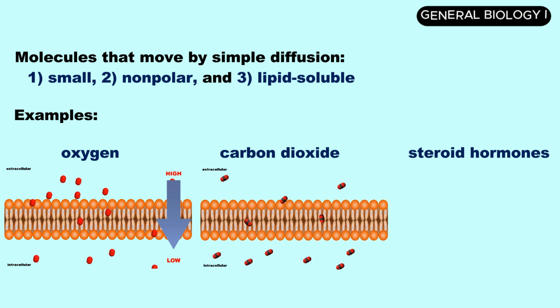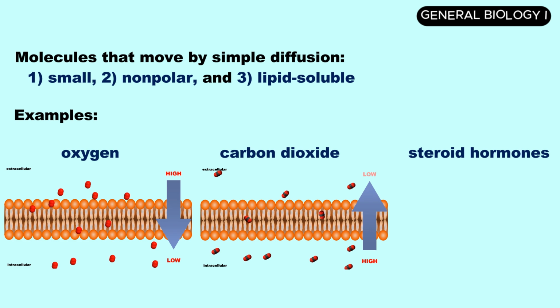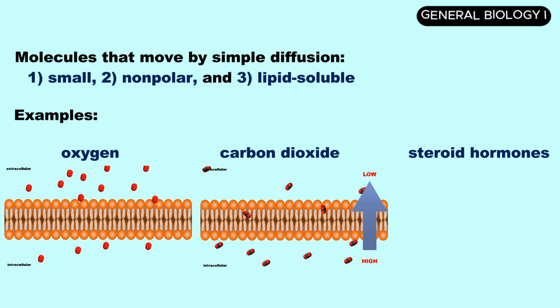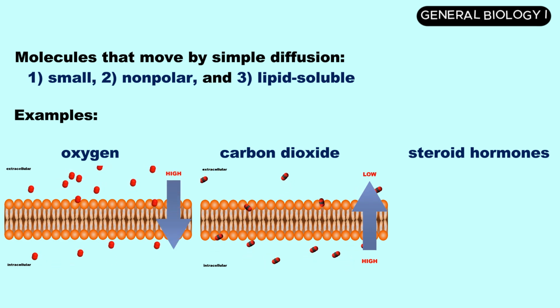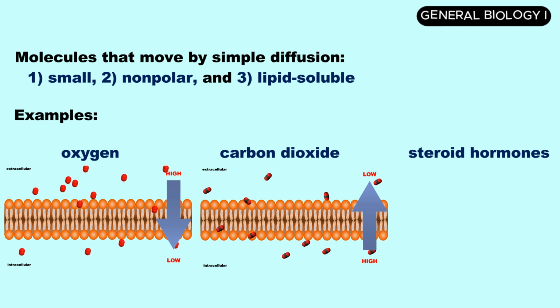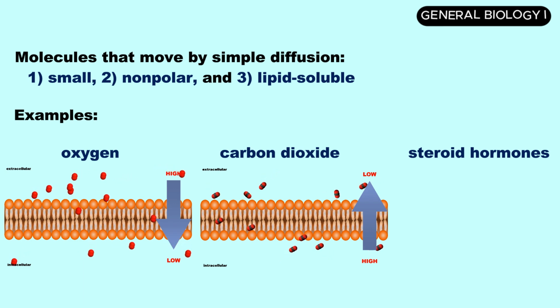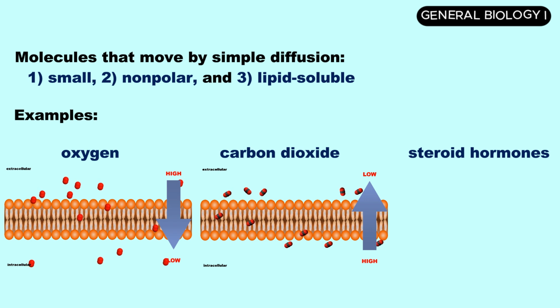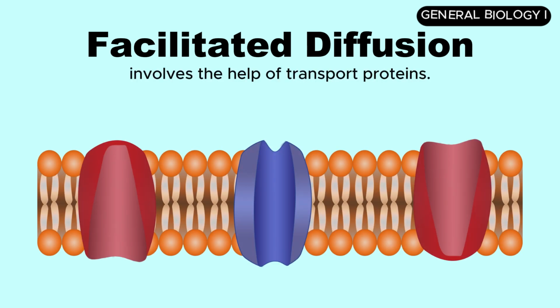Carbon dioxide, a waste product of respiration, diffuses out of cells to the surrounding environment. This simple yet vital process allows gases and other small molecules to move freely across the membrane, maintaining essential processes like respiration.